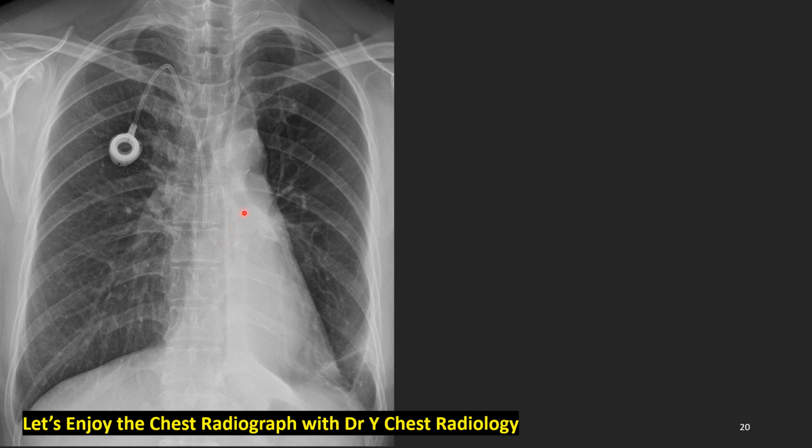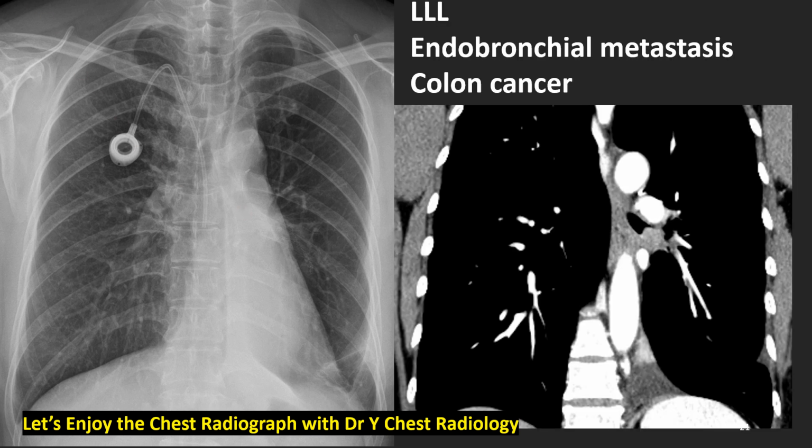Yes, it is blocked in the middle of the left main bronchus. Let's look at the CT scan. This is contrast-enhanced coronal imaging. Yes, in the middle of the left main bronchus, we see a mass: endobronchial metastasis from colon cancer.